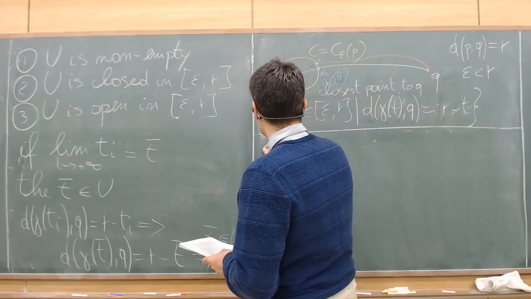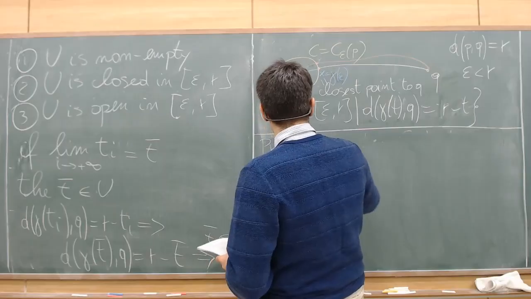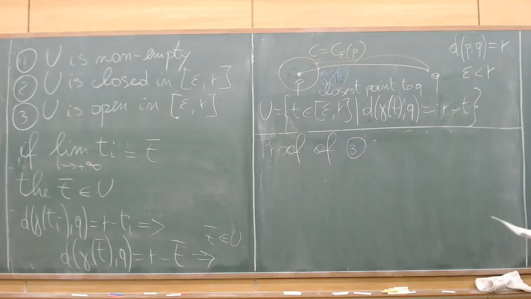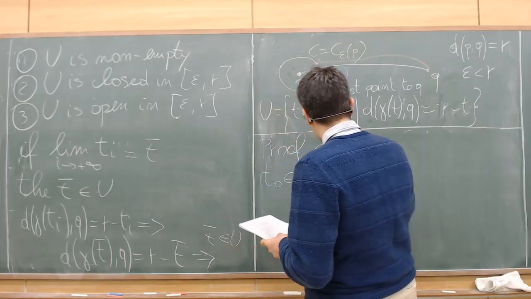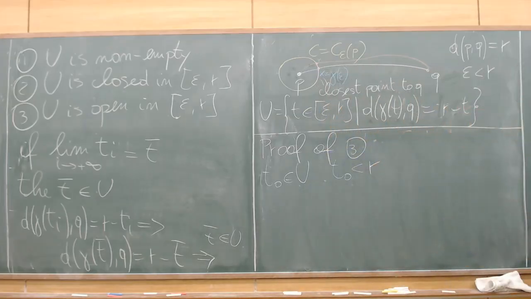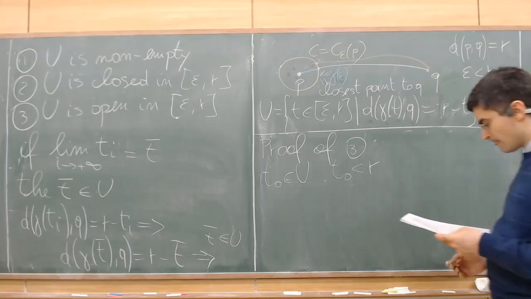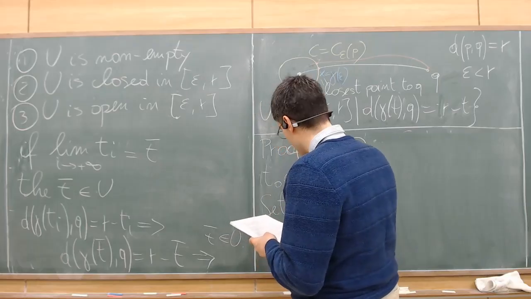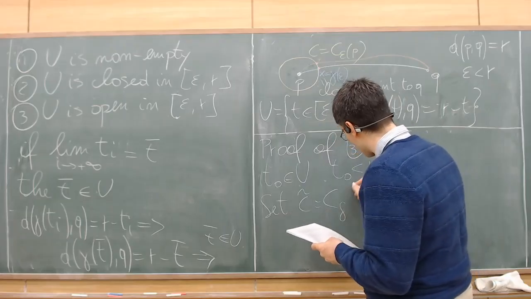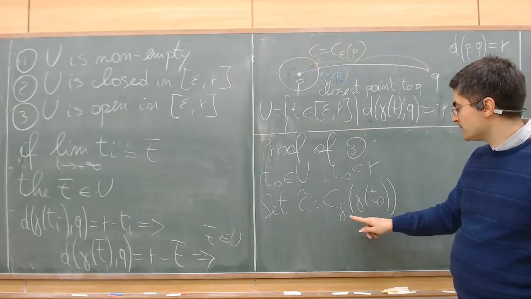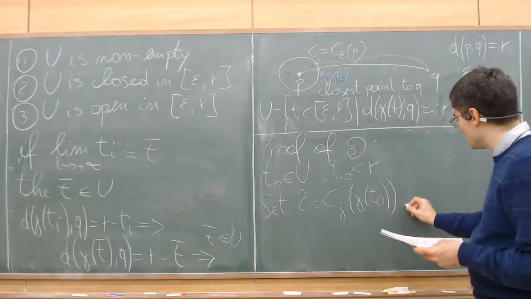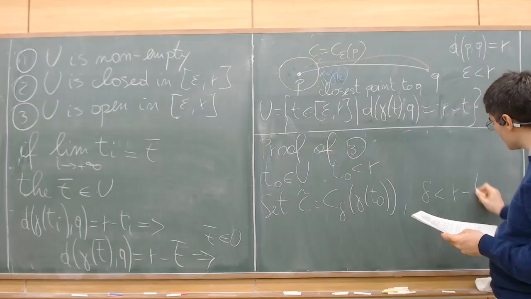So, proof of 3. Suppose that T0 is in U and T0 is less than R. Set C tilde to be the distance circle of radius delta about gamma T0, with delta smaller than R minus T0.